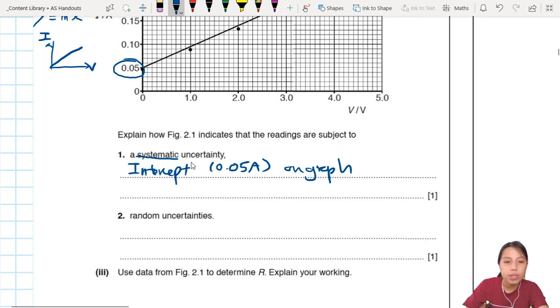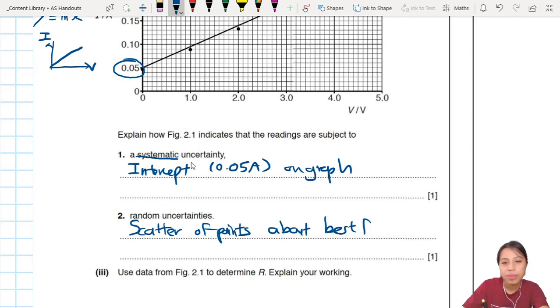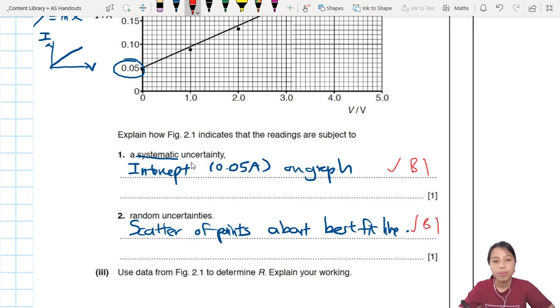So random uncertainties, you can see it as scatter of points about your best fit line. That's why we draw best fit line in the first place, to account for all this random uncertainty, random error. Okay, this one is 1 mark each, so B1, B1.